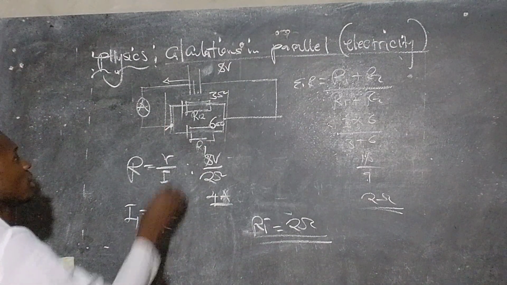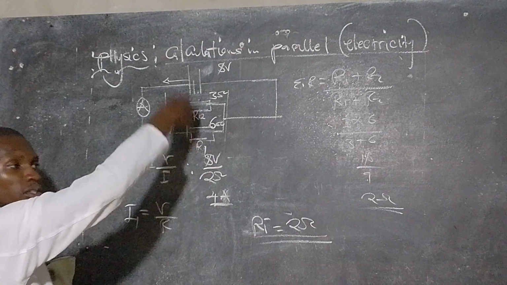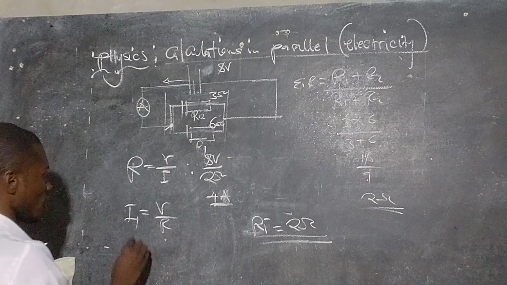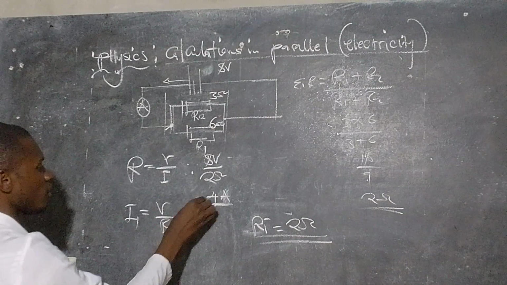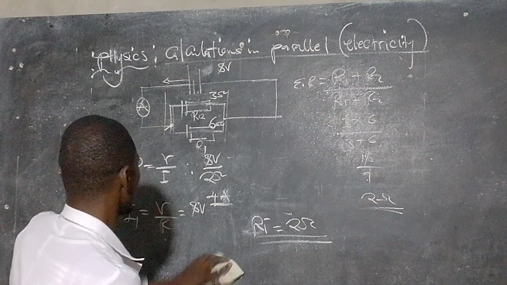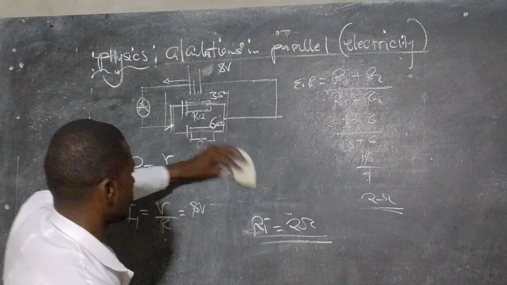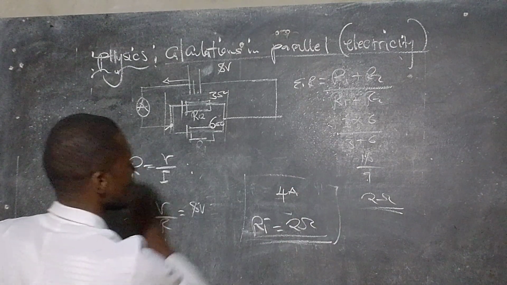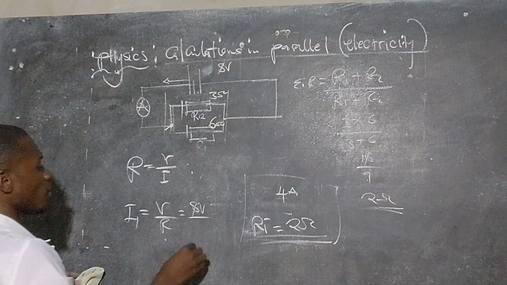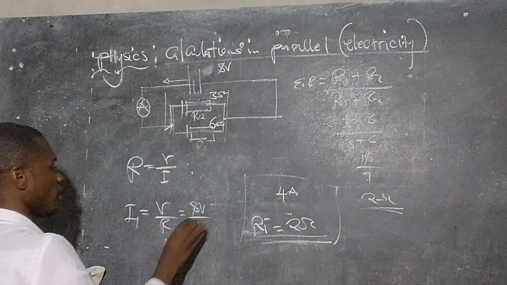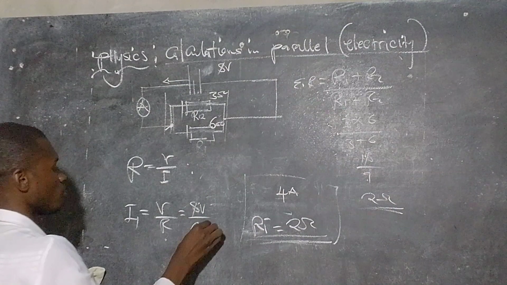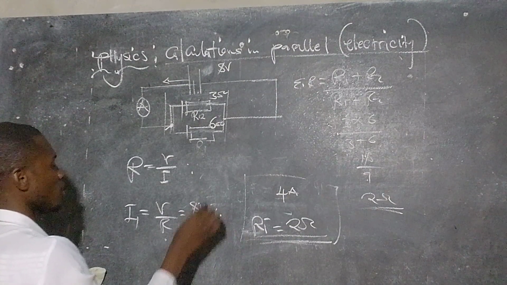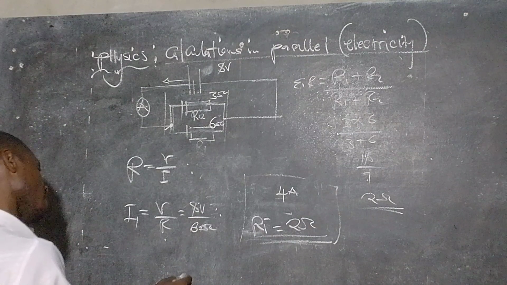Remember, voltage in parallel is always equal, so you get 8 volts. Okay, let me move my current here. So current, we had 4. So this is our data. So 8 volts over, what do we have? We have 6 ohms.